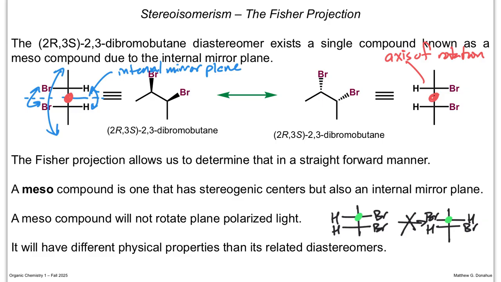And so again, the reason this is useful, it helps you determine the relationships amongst the different stereoisomers once you put them all in this form. Any questions?